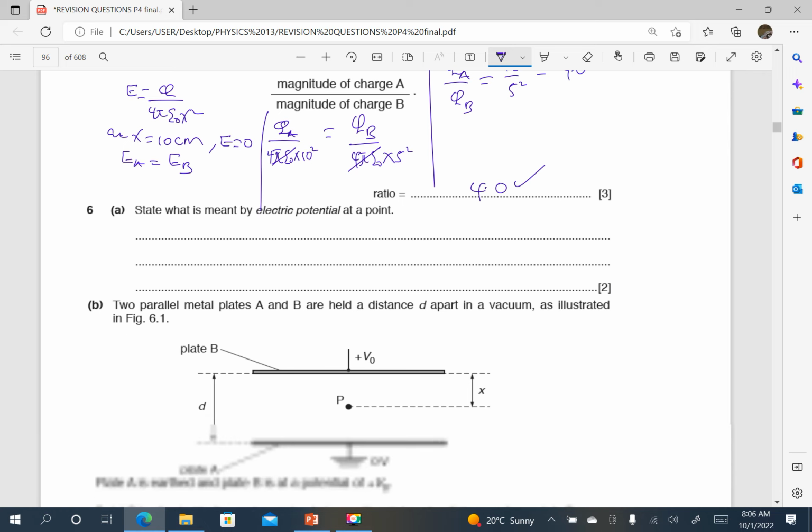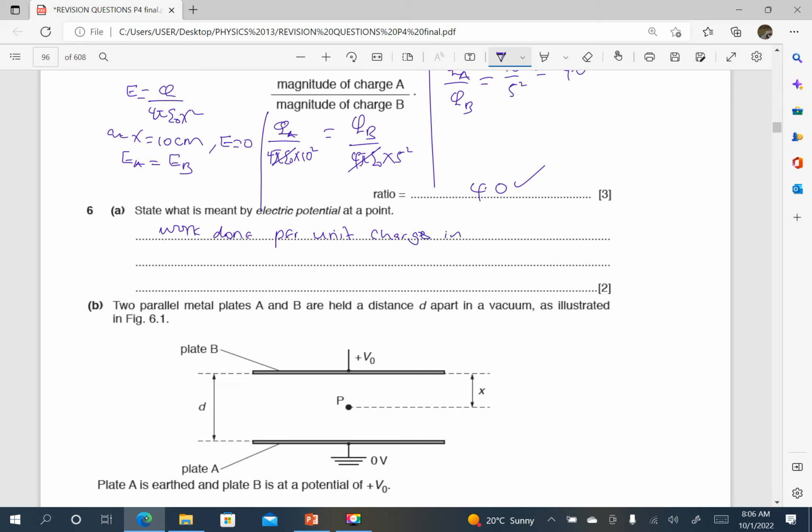Okay, again, what is meant by electric potential? Remember, it is the work done per unit charge in moving a positive charge from infinity to the point.